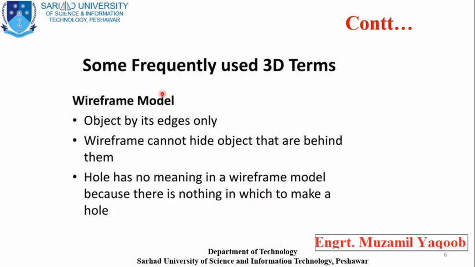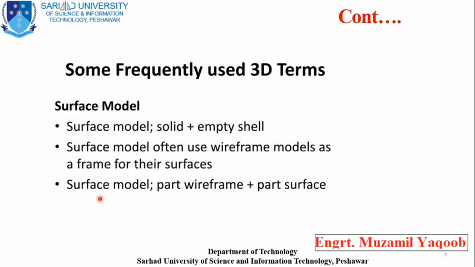Now comes the wireframe model. In this model, the object is represented by its edges only. A wireframe cannot hide objects that are behind them. So a hole has no meaning in the wireframe model because there is nothing in which to make a hole. So that is all about the wireframe model.